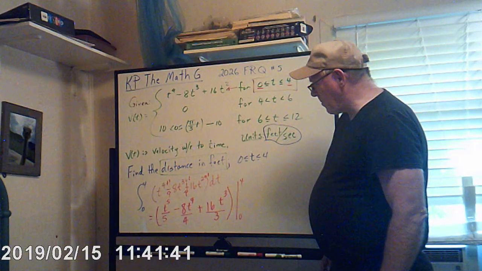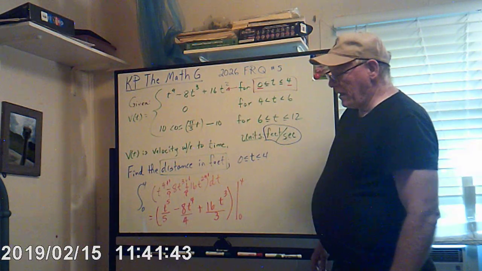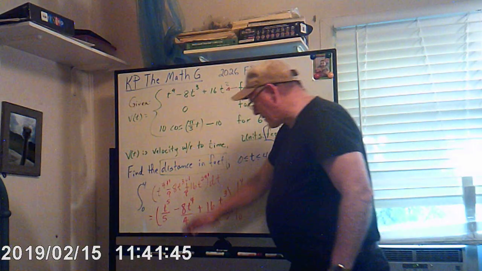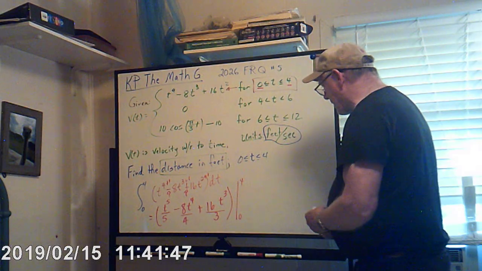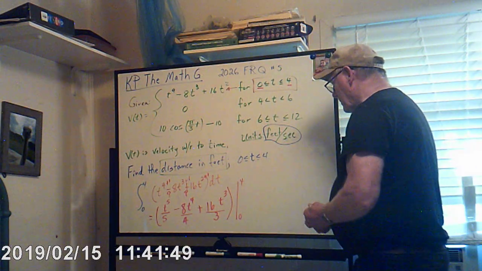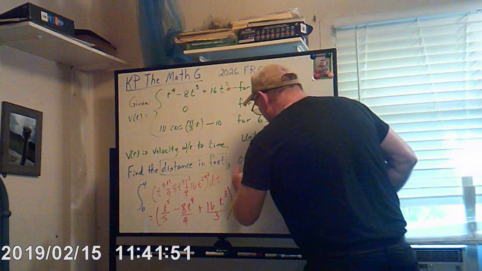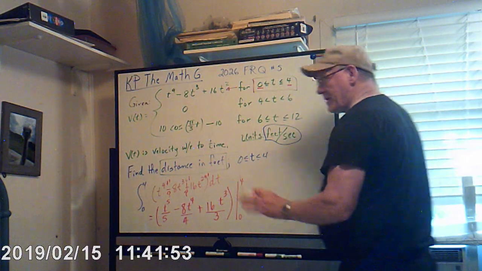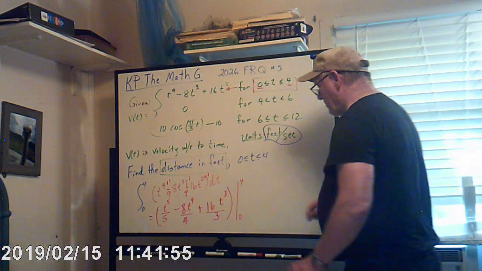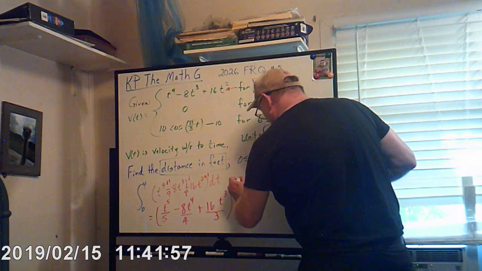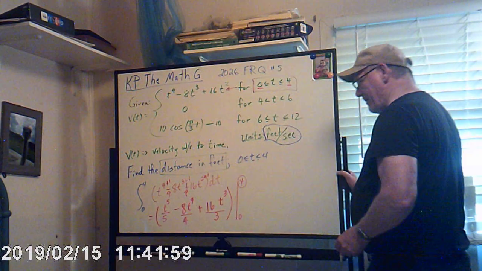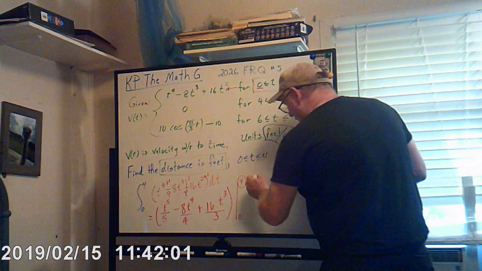Alright, so let's figure this out. Now, I'm going to show you how easy this is. Okay, so remember the fundamental theorem of the calculus. There's 2 parts to this. One of the rules is you start with that top one, plug it in.